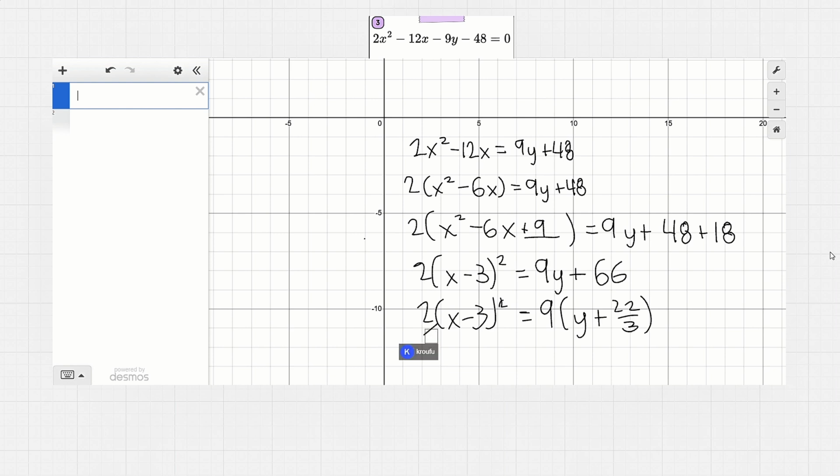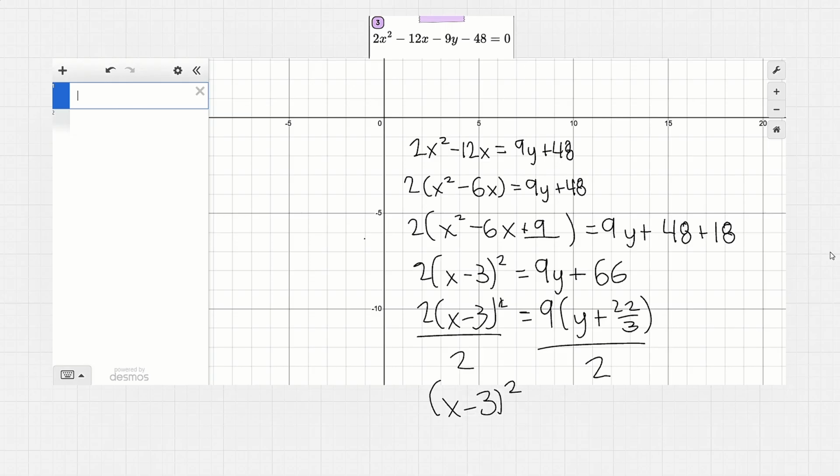Now, is this a standard equation yet? We still have a value of 2 here, so we need to get rid of that. How? We're going to divide everything by 2.